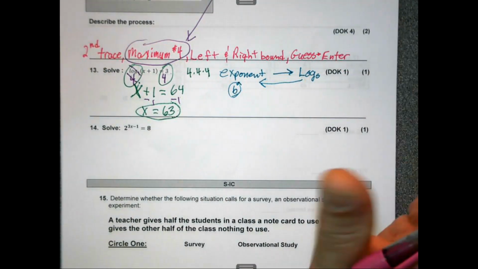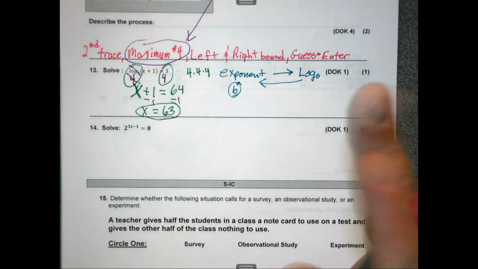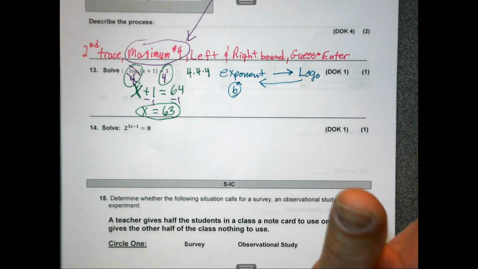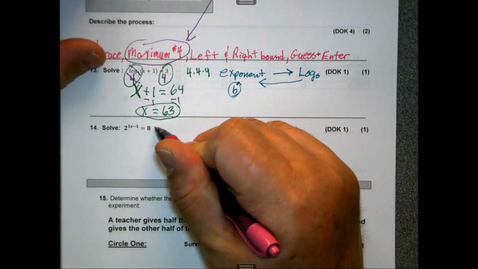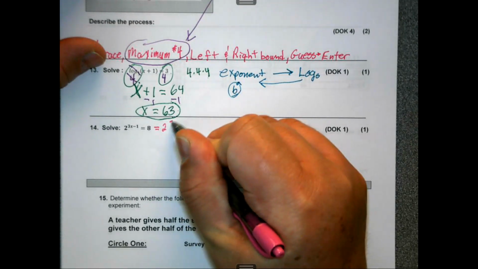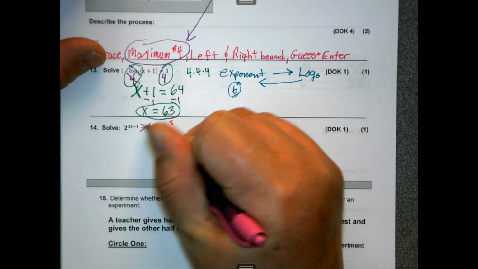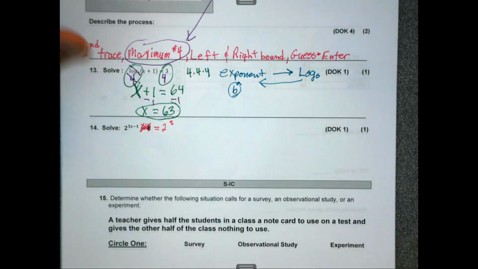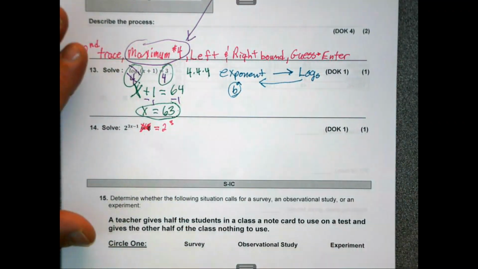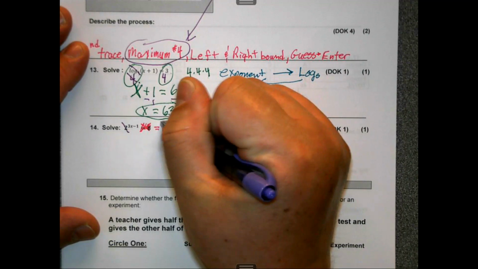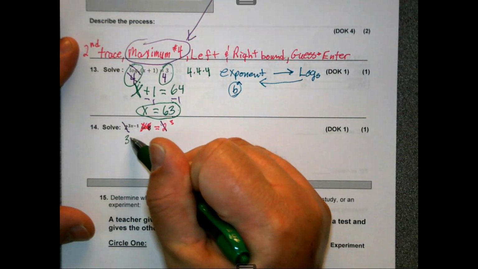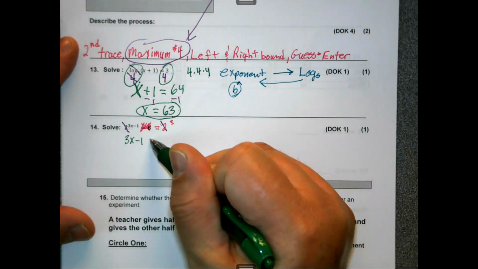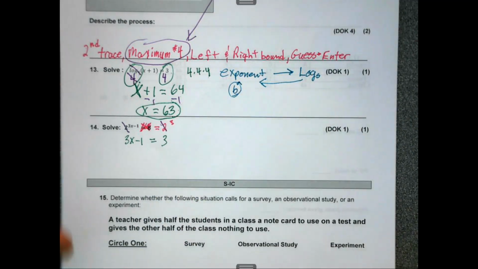Now, you're not going to have that pink cheat sheet. You're going to have to know some basic cubes, basic squares. 2 cubed. Okay? We are no longer going to work with that equals 8. We're going to work with 2 cubed because the 2 bases can cancel each other out, and we're left with 3x minus 1 equals 3, right?